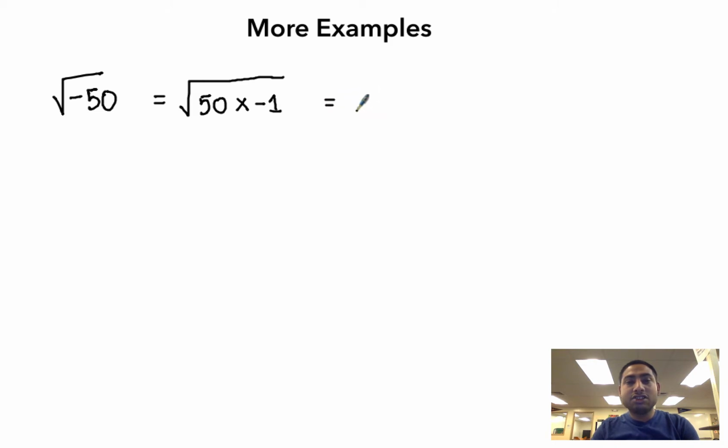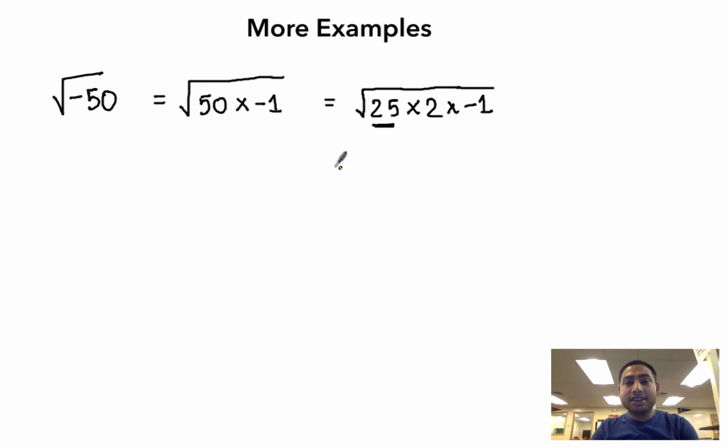Now let's also break this 50 into two parts this time, and it could be more than two parts for different numbers, such that one of the factors is a perfect square. So for example, 50 is going to be 25 times 2, and I've broken it this way because 25 is a perfect square, times a negative 1.